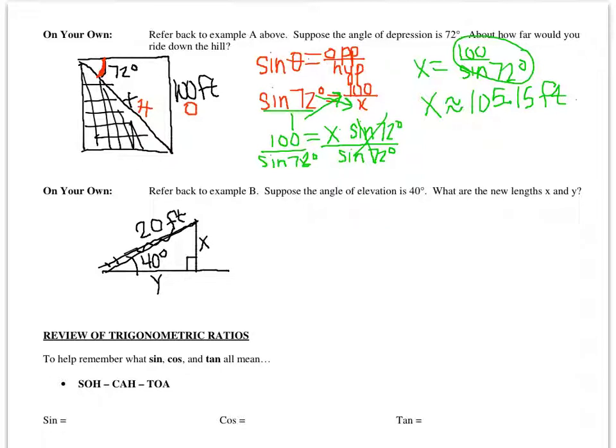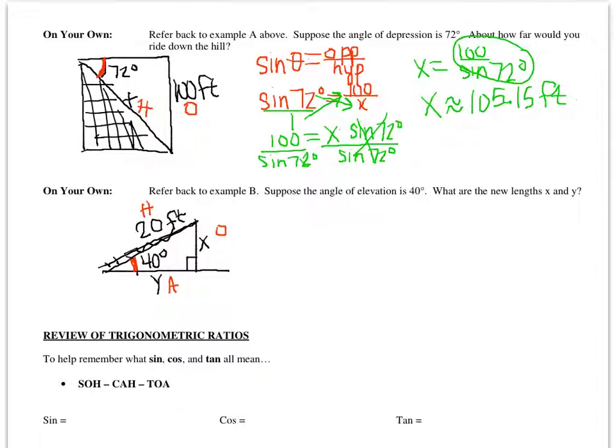So let's label hypotenuse, opposite, and adjacent. So if this is my angle, that's 40. 20 would be my hypotenuse. Y is still going to be my adjacent side, and x is still my opposite side. So once again, if we want to find both our opposite and adjacent, we're going to have to find two different proportions for this.